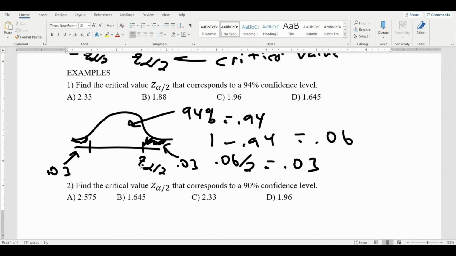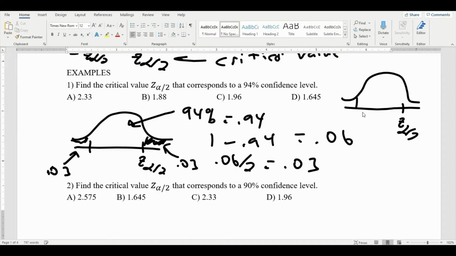So the question is, what is this Z alpha over 2? If you use a table, you have to think about the fact that tables are always areas to the left. So we draw a picture, same picture, just not as much information.